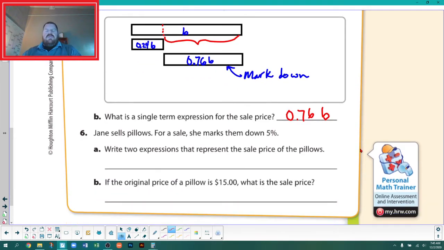Jane sells pillows. For a sale, she marks them down 5%. Write two expressions that represent the sale price of pillows.